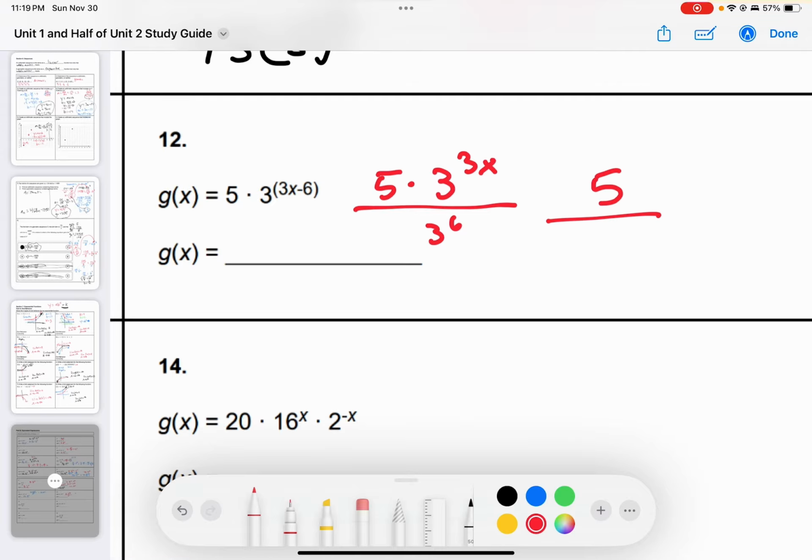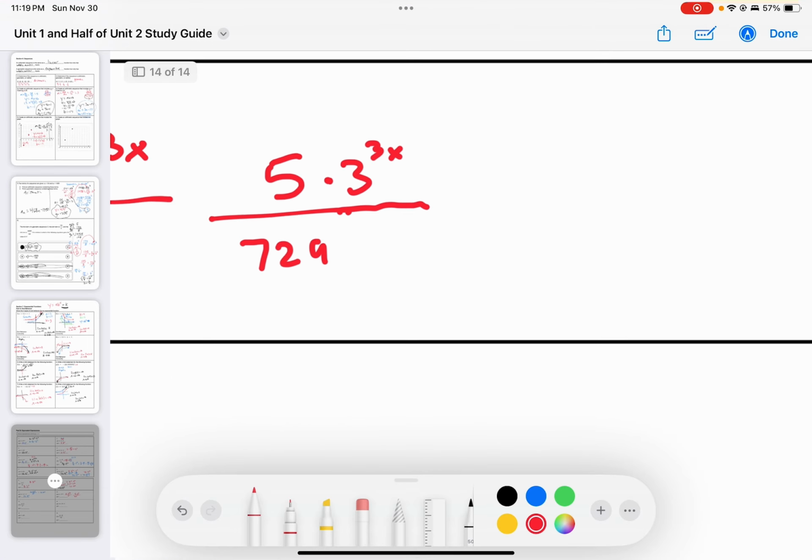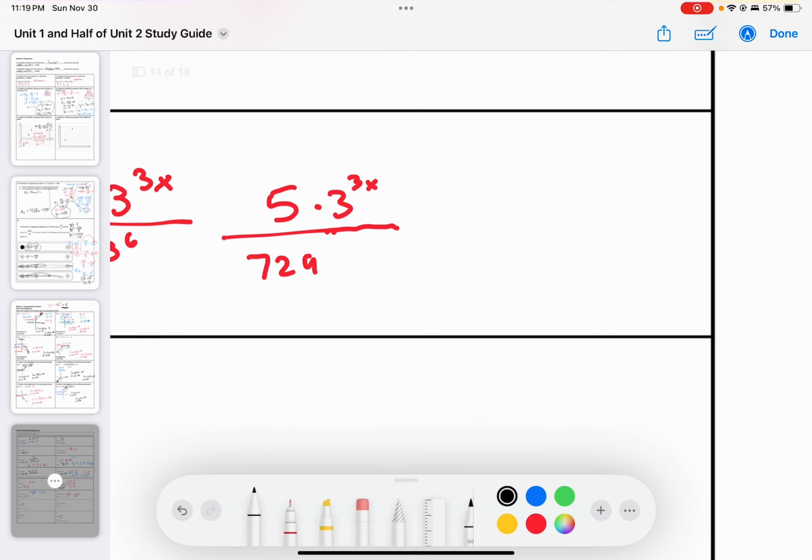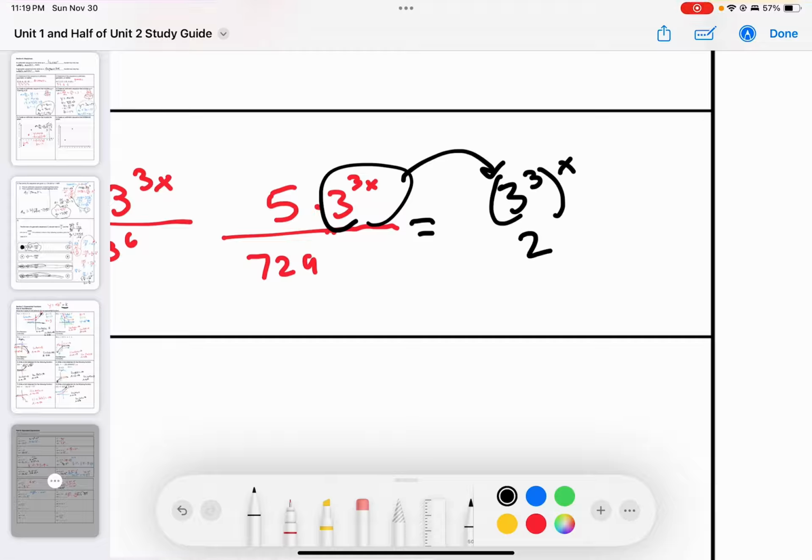So we get 5 over 729 times 3 to the 3x. But 3 to the 3x can be rewritten as 3 to the third to the x. I'm just going to extrapolate this for a second.